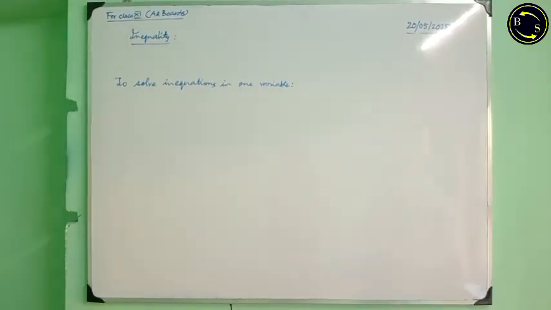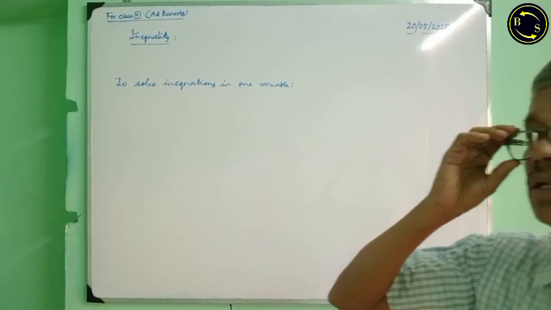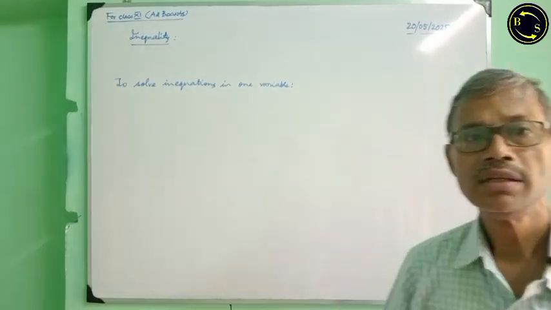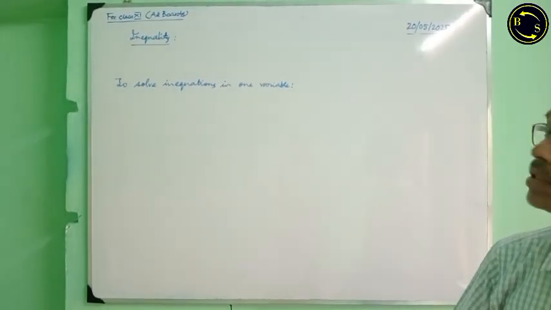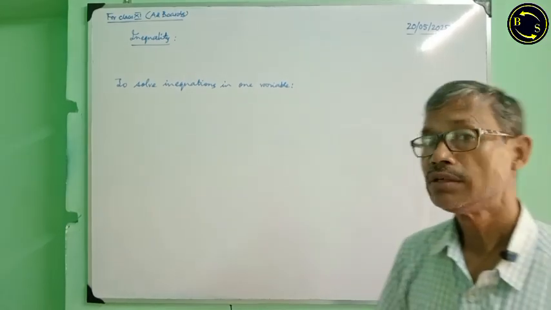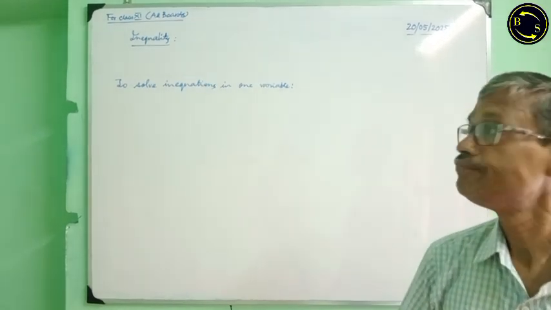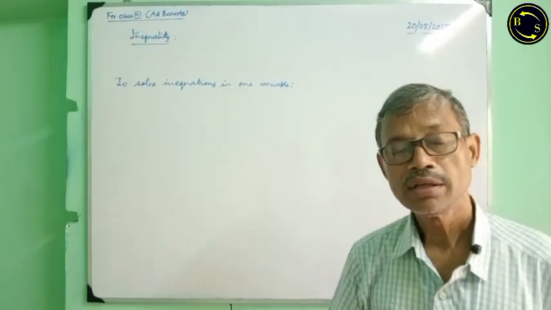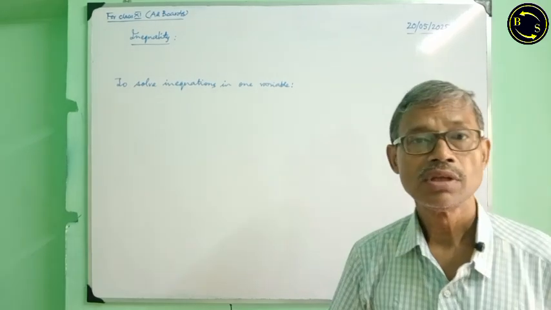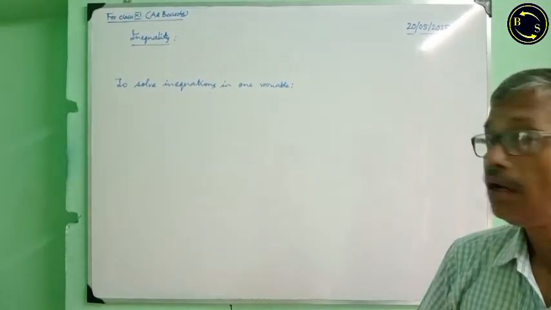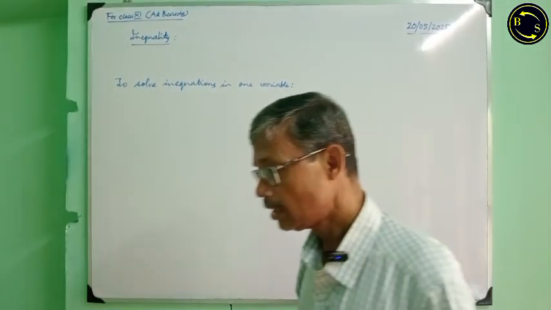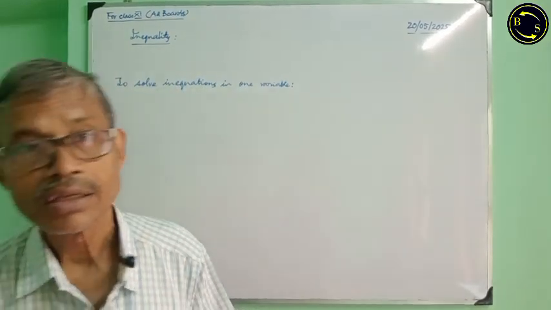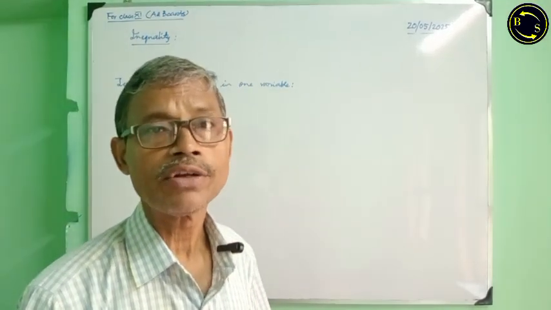Already you have solved equations in one variable and you applied their various techniques. Number one, transposition, then cross multiplying. What is transposition? We take a number from left to right or right to left.